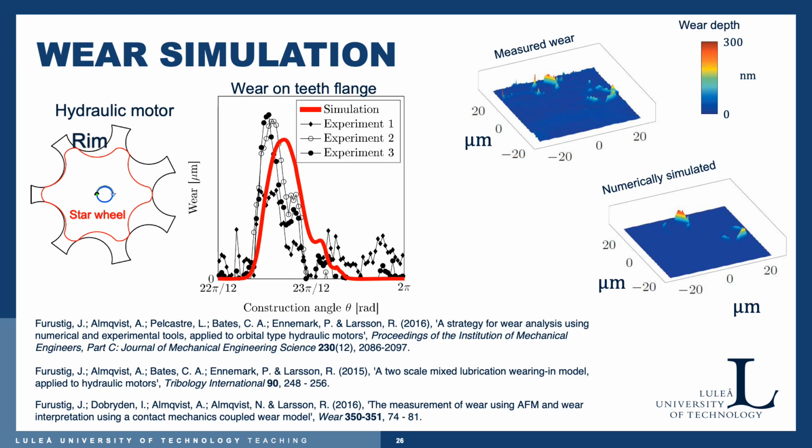And then you can see Joel Furustig's prediction here in red, which is of course not quantitatively correct. It's shifted here, and it misses some very important peaks with this shift, but still we can see it seems to capture the behavior of the wear in this hydraulic motor pretty well.